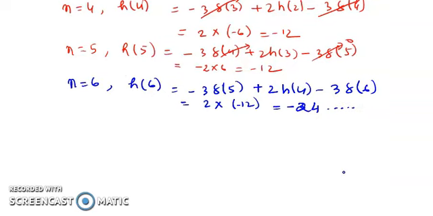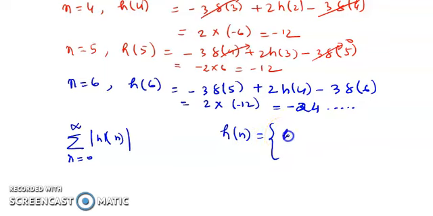So now for stability of the system, we need to find the summation of n is equal to 0 to infinity of mod of hn. So before that, we need to find hn from this. If you write hn, its values will be h0, h1, and like this, whatever values are coming.